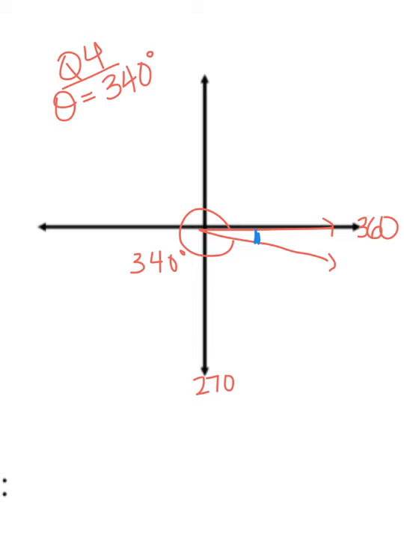So to figure out what your angle is, you would do 360 minus 340. So for this example, the reference angle would be 20 degrees. Again, it's the fastest way to get to the x-axis. How many more degrees would you have to go to get to the x-axis?